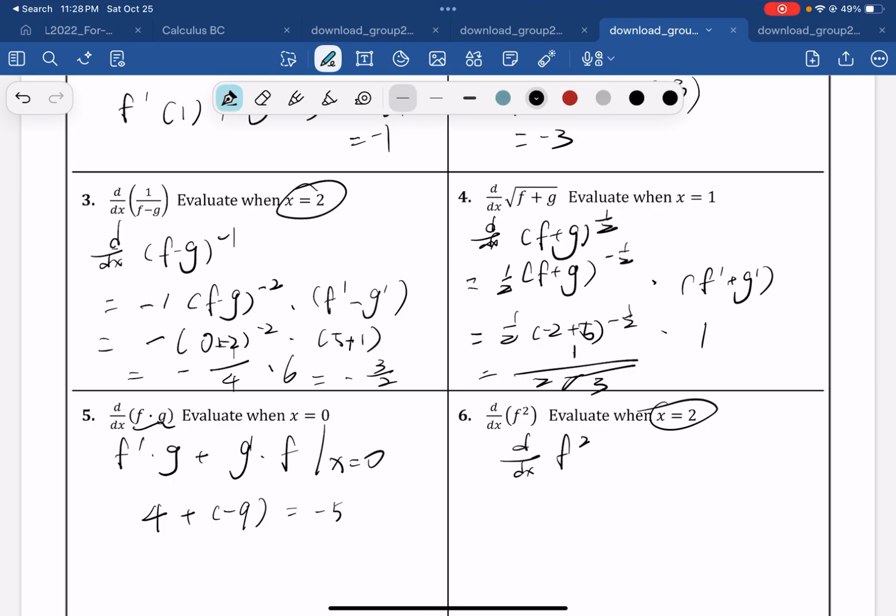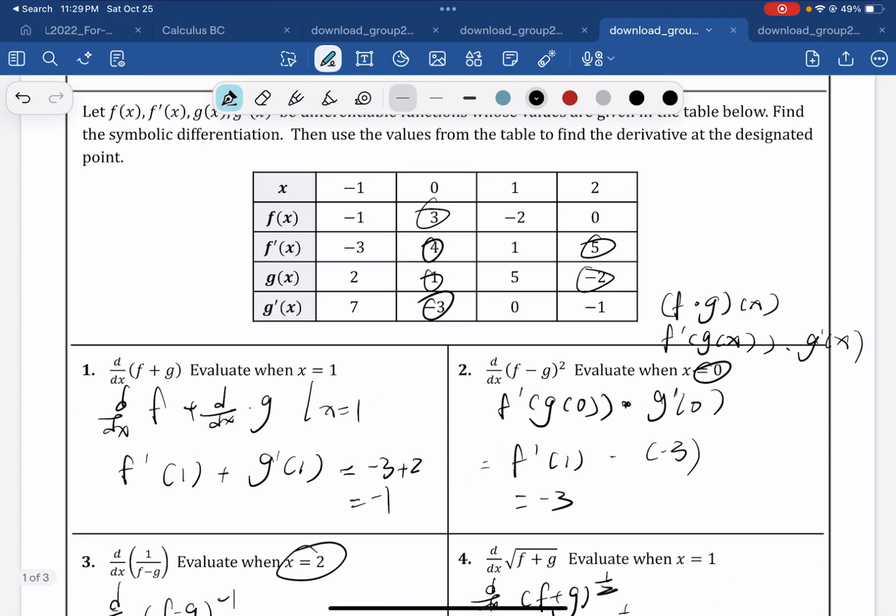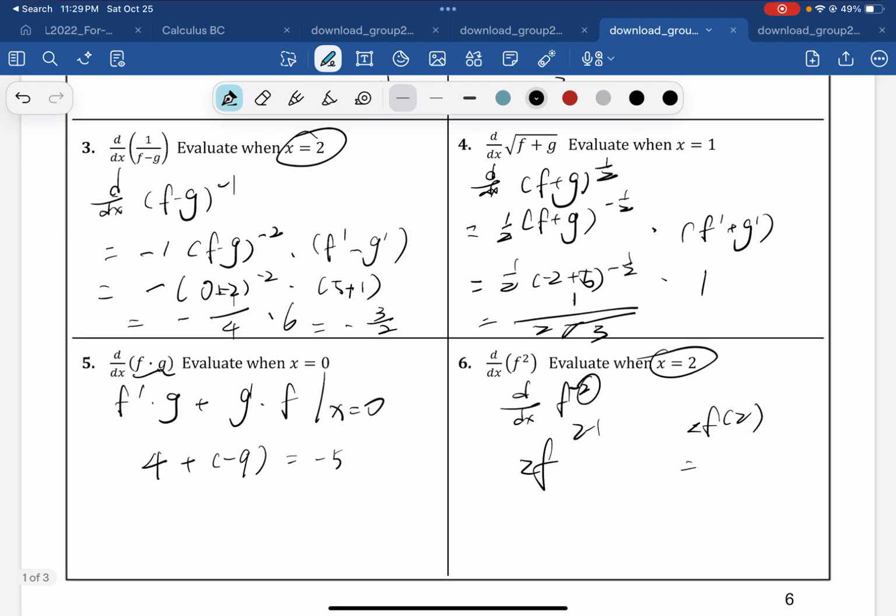It's not chain rule, it's the basic law of the derivative for the exponential function. So we got 2f, 2 minus 1 raised to 1. So 2f of 2, f of 2 is 0. So the answer is 0.